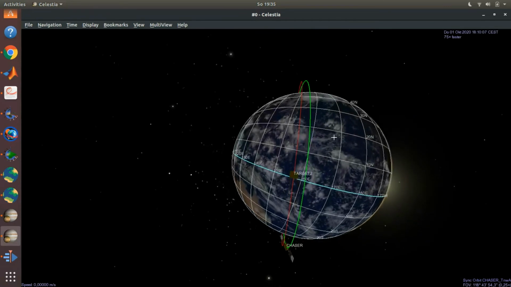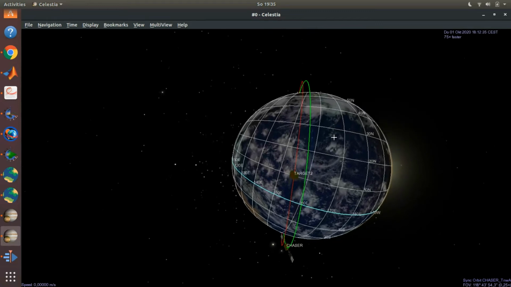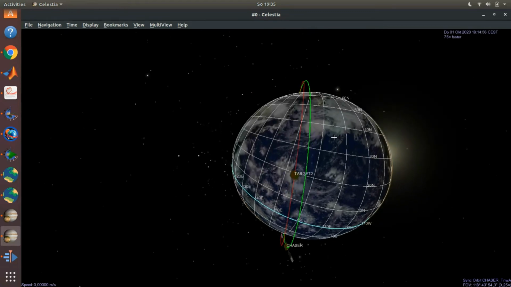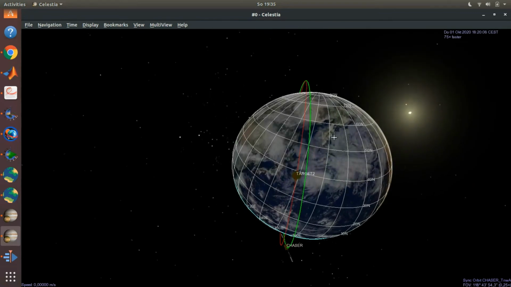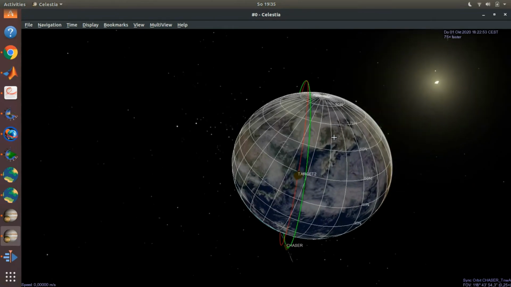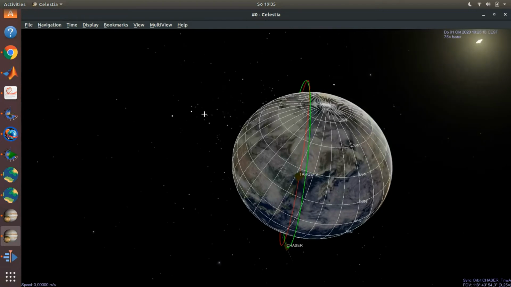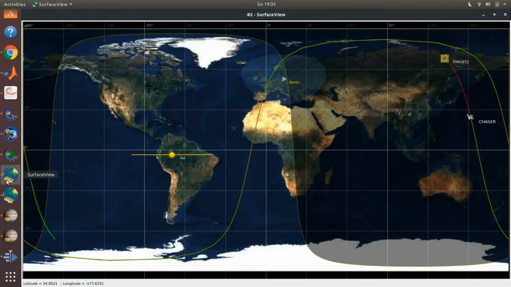This blue line is the equator. This is an indication that the two orbits have equal inclination, but there's a slight difference in their right ascension of ascending nodes.